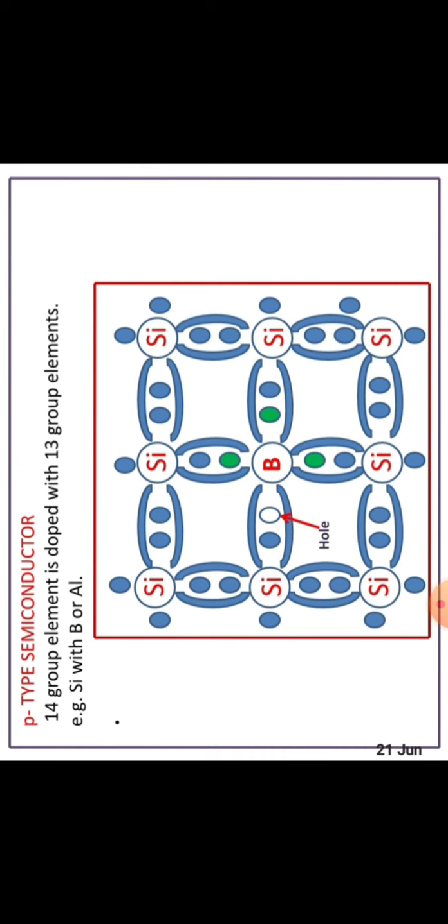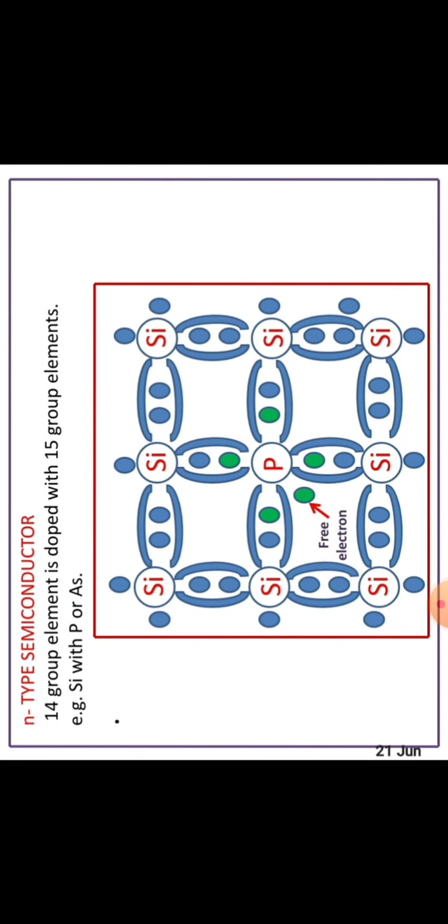This is p-type semiconductor. Now n-type semiconductors. When group 14 elements are doped with group 15 elements, n-type semiconductors are formed. Let's see how. Here, I'm taking the example of a group 15 element, that is phosphorus. Phosphorus atomic number is 15, configuration 2, 8, 5.